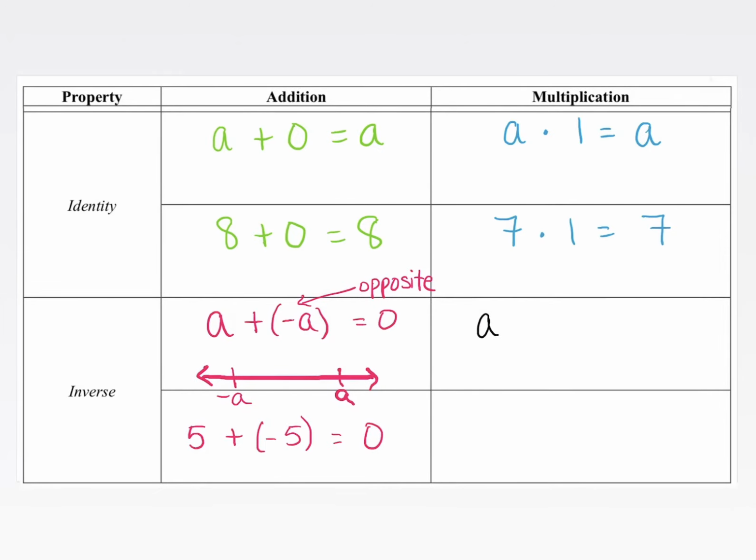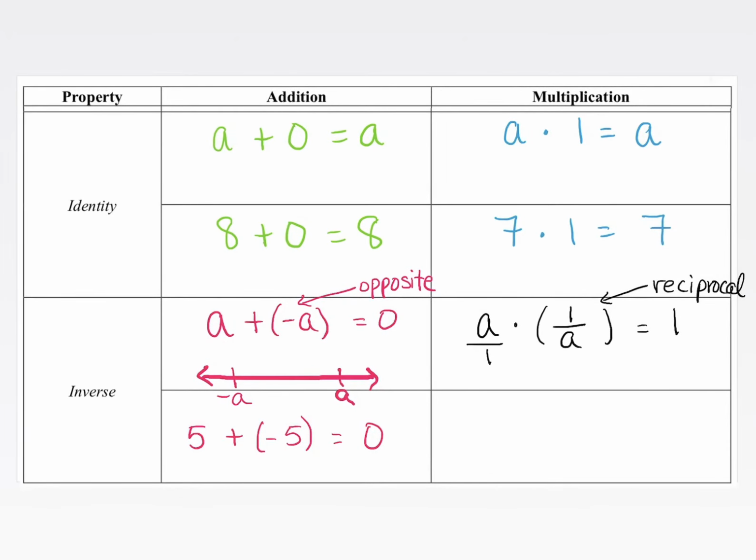Here, let's say we have A. We want to multiply A by something so that we get 1. Now this is really A over 1. What we can multiply A by is not its opposite, but its reciprocal.